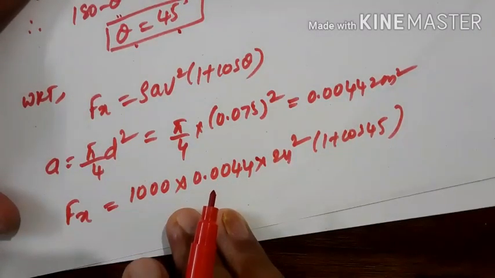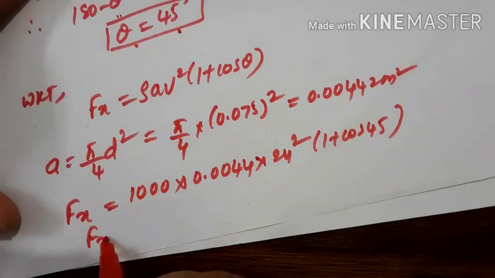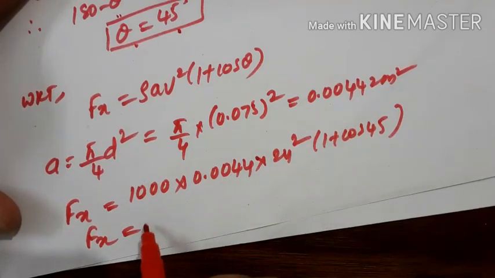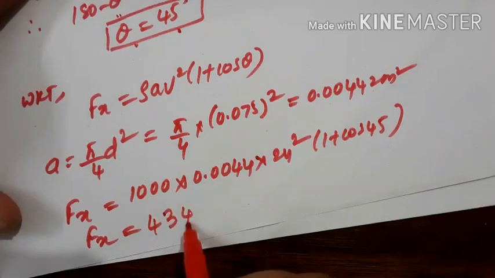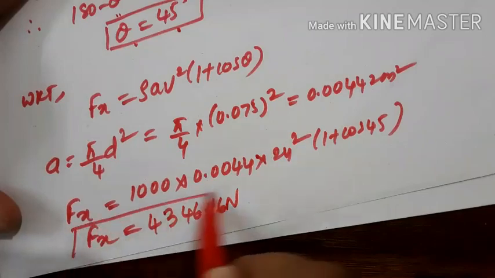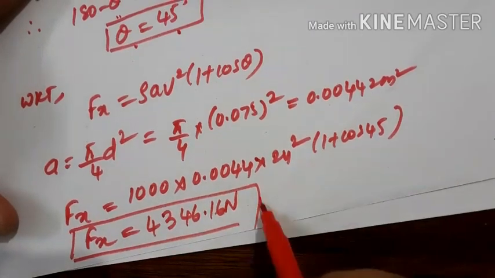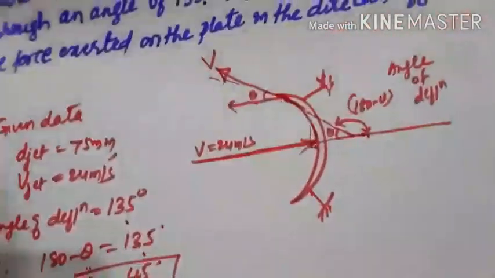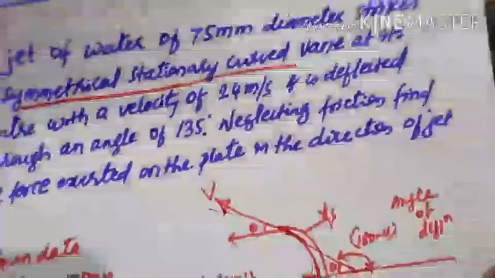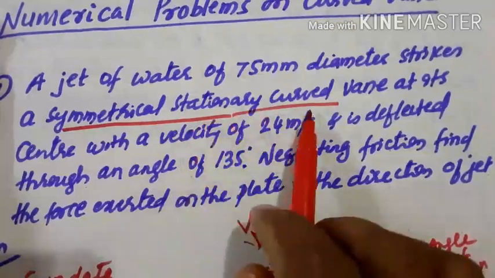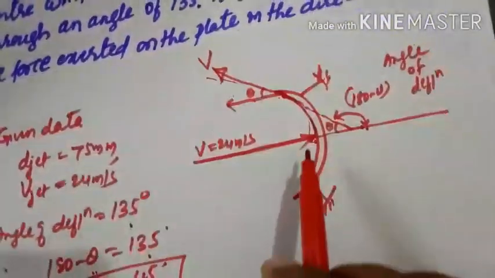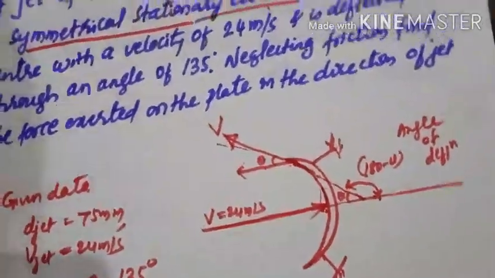Then simplify this and you will get the answer as 4346.16 Newton. Okay, this is the answer. The problem is very simple, but you have to remember the equation. In this problem, a symmetrical stationary curved vane is given, and the jet was striking at the center. So let us take one more example.